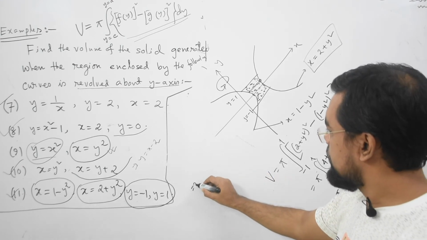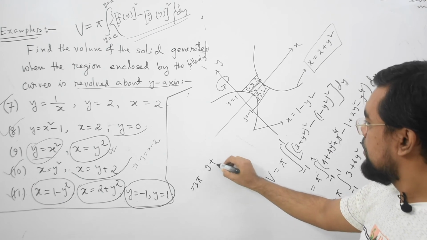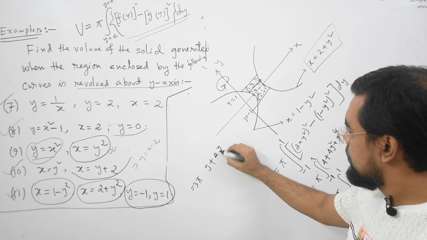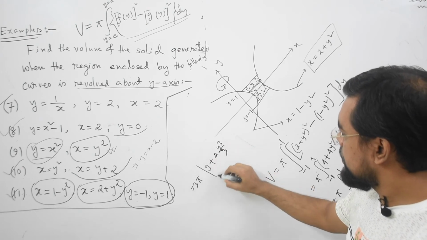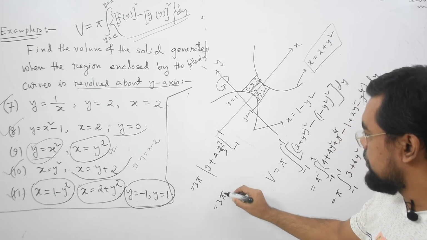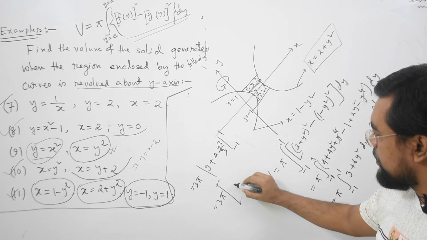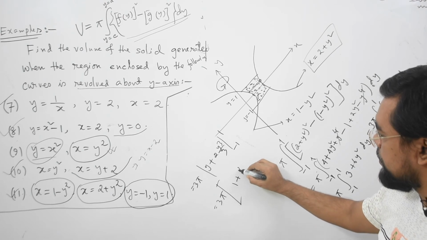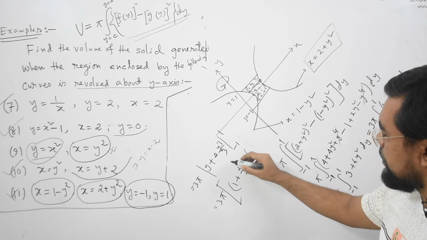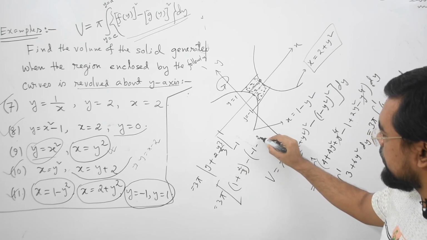So this equals 3 pi, integration of y plus 2y cubed by 3, minus 1 to 1. If you put 1, you will get 1 plus 2 by 3, minus, if you put negative 1, you will get negative 1 minus 2 by 3.